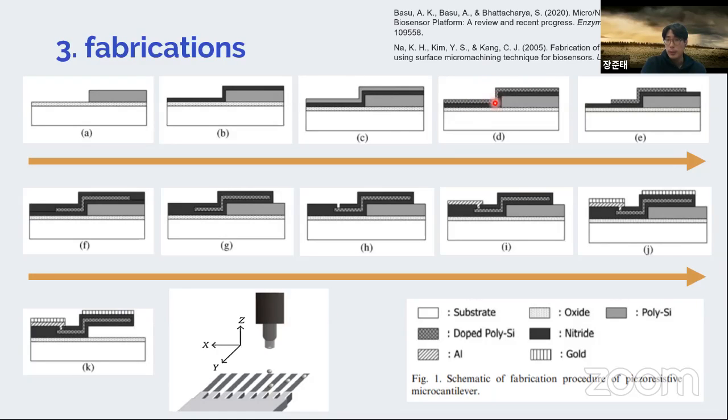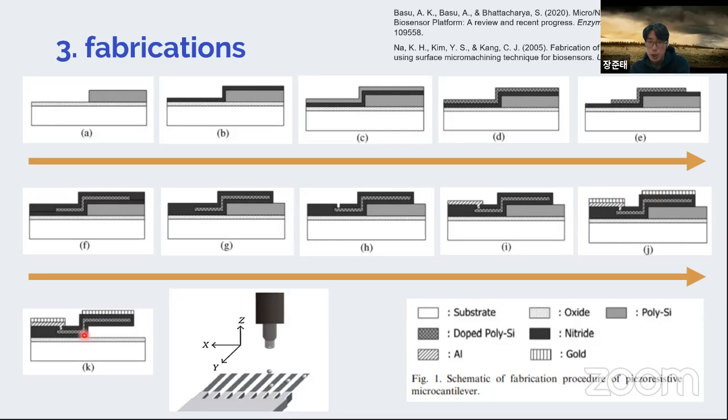This doping makes the polysilicon into a piezoresistive material, and we deposit nitride to protect the top part of the cantilever and make an electrode here to connect with the line. And next we deposit gold so that biomolecules can attach well on the cantilever.